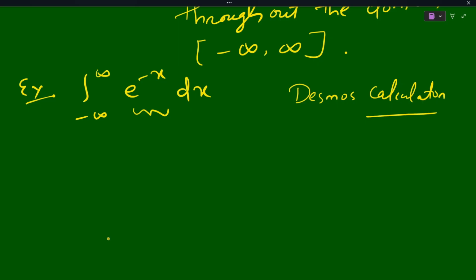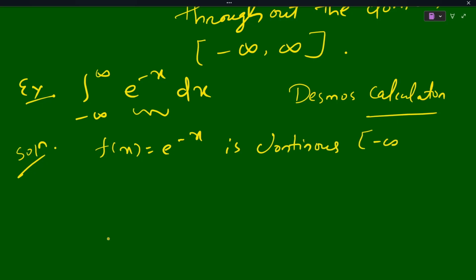Now how to find out this one? See, it is minus infinite to infinite. So in such cases where f of x is continuous throughout the domain, you can take a break point like 0.